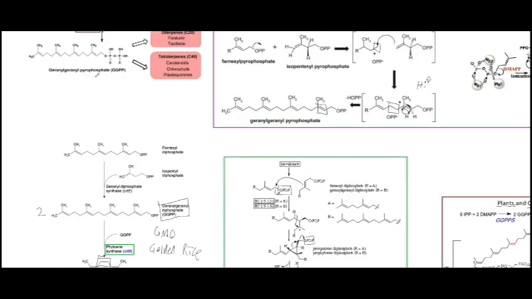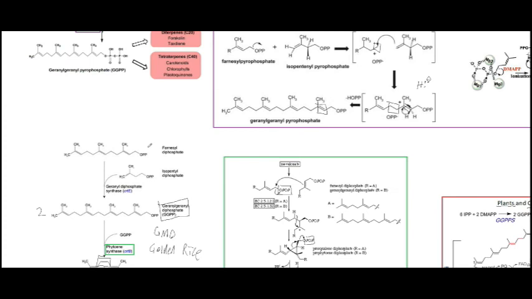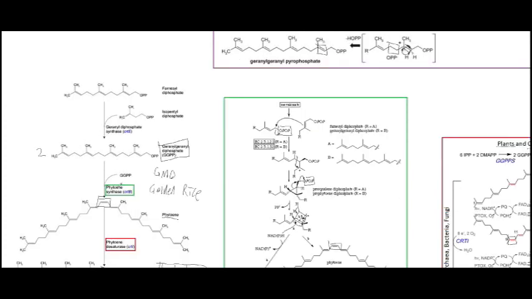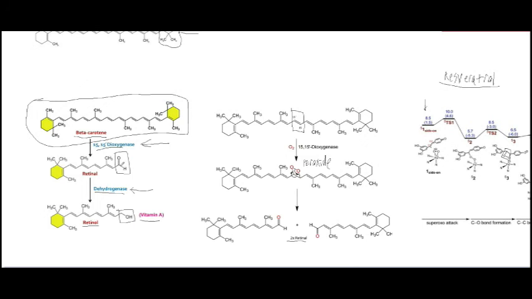Then that geranylgeranyl pyrophosphate, which we have right here, goes through phytoene synthase and phytoene desaturase and lycopene beta cyclase. So these are the golden rice GMO enzymes, or the enzymes that are put into rice to make it golden rice. And we go from there, from our sugar to our geranylgeranyl pyrophosphate to our beta-carotene, and from beta-carotene to our vitamin A.